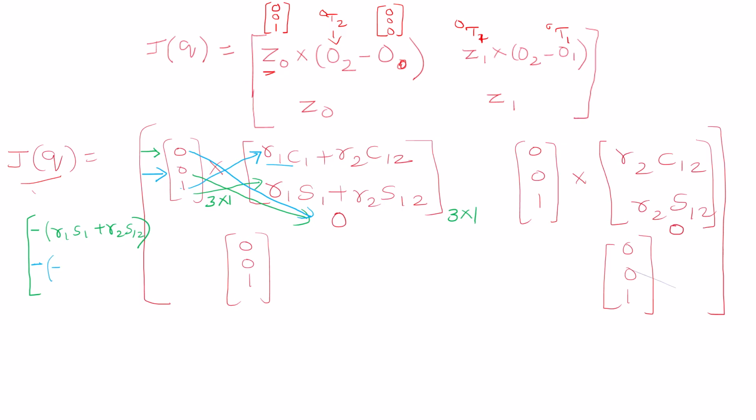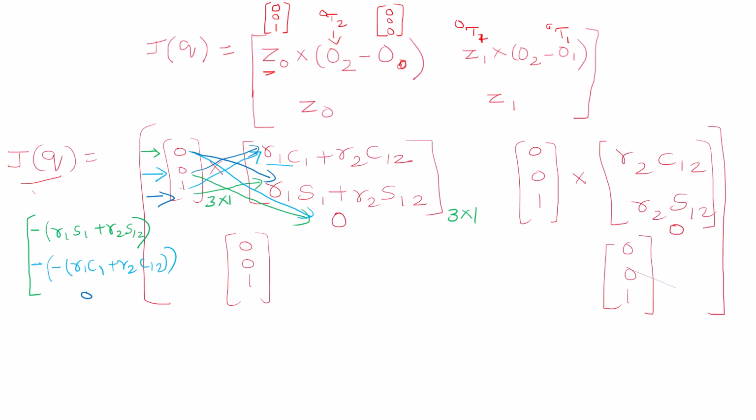So it is minus of minus R1 C1 plus R2 C12, right? And to get the third element, you have to hide this last row and do a multiplication between these two, 0 with that element and 0 with this, which will obviously be 0 here. So this is how you get the first column.